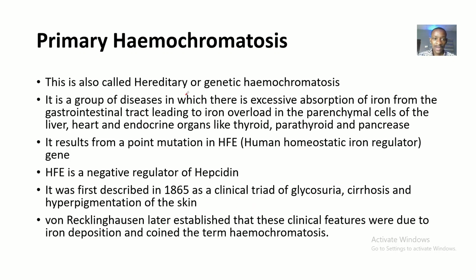So primary hemochromatosis is also called hereditary or genetic hemochromatosis. It is a group of diseases in which there is excessive absorption of iron from the gastrointestinal tract, leading to iron overload. So there's a genetic defect, and this genetic defect makes you absorb too much iron.